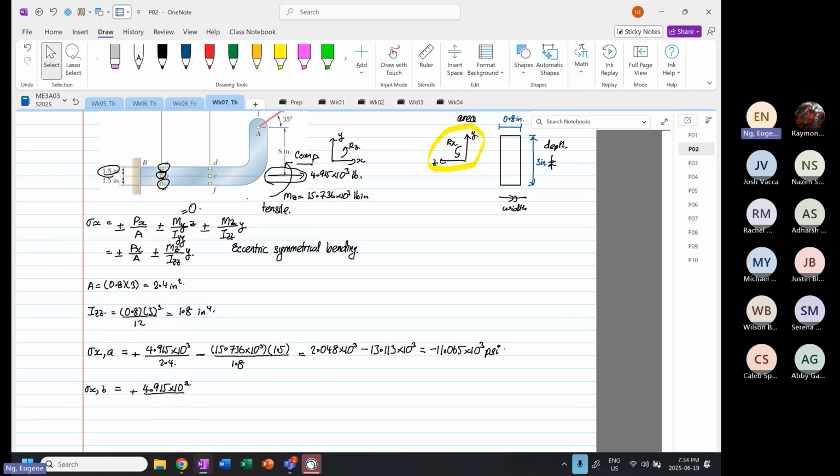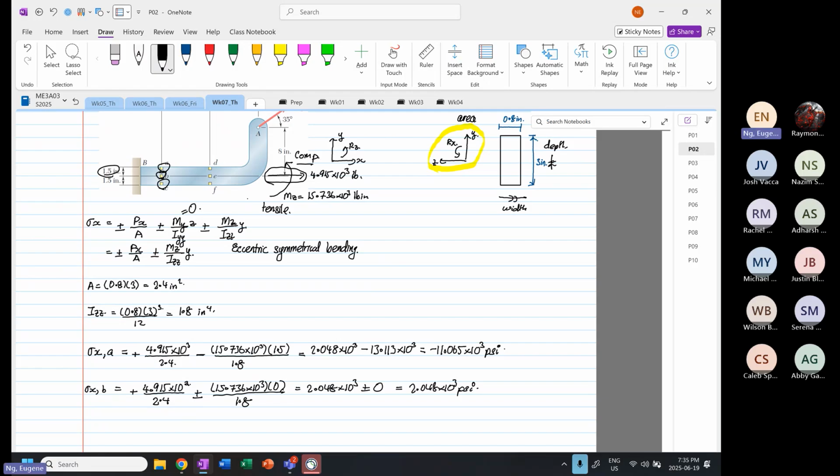Now the bending does not matter because it's at the centroid. So we multiply it by what? By 0. So this will be equal to 2.048 times 10 to the power 3 plus minus 0, so this is equal to 2.048 times 10 to the power 3 psi. You can see that, right?